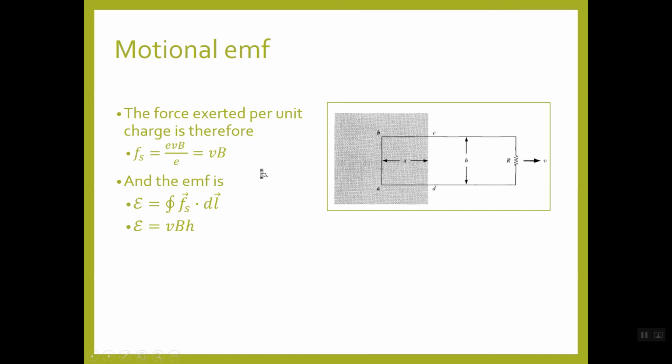So that's going to be v B h, h being the length of the segment from A to B. The B to C and A to D portions do not contribute. So we find the motional EMF is v B h.